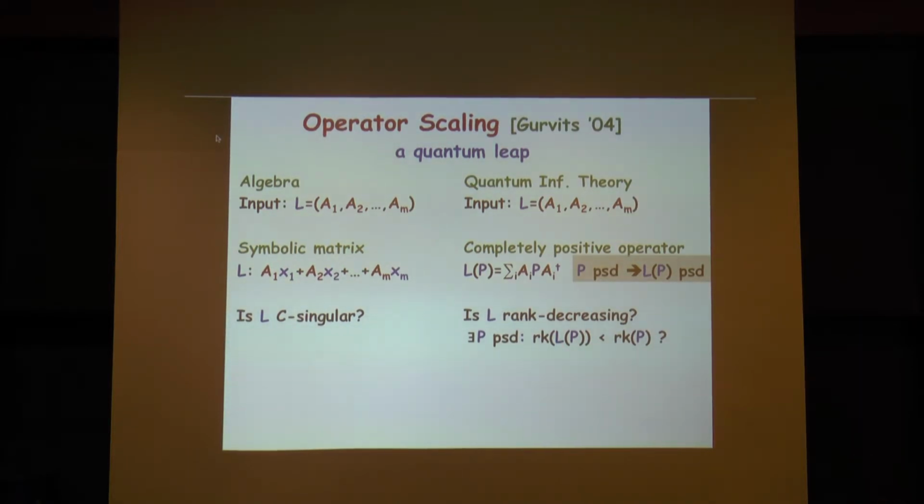This should be the analog of no perfect matching. And he showed that if this is the case, then the matrix is singular, which is very easy to see. The tuple is singular in the commutative case, but it was not if and only if, and that was the problem.